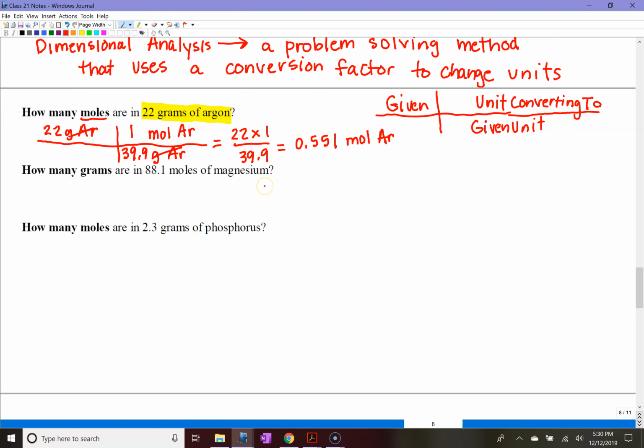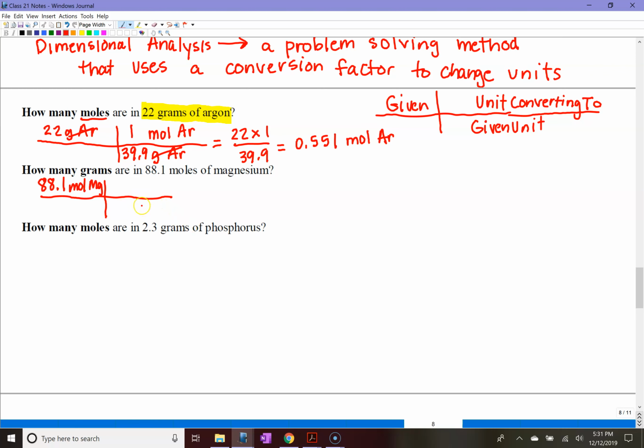The next one asks how many grams are in 88.1 moles of magnesium. So I'm going to do the same thing I did in the last problem. I'm going to make my T-chart. In the upper left box, I'm going to put the number and the unit. So I'm going to put 88.1 moles of magnesium.